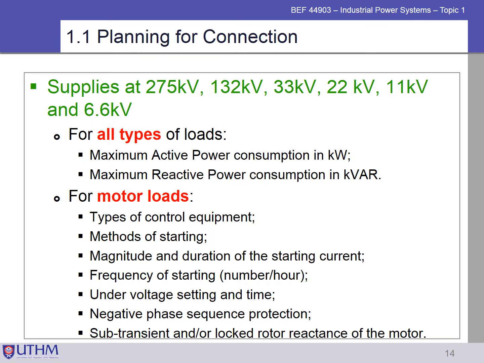Next we have load for motors. There are some requirements that we have to take into account. The first one is the type of control equipment. Then we have to know the methods of starting; there are several methods of starting the motor loads. We have to know the magnitude and duration of the starting current, and the frequency of starting, the number per hour.